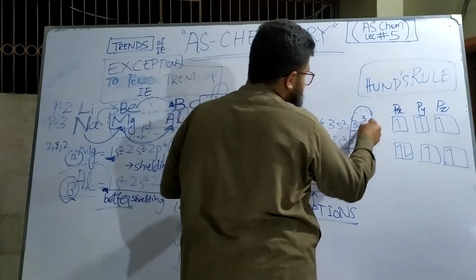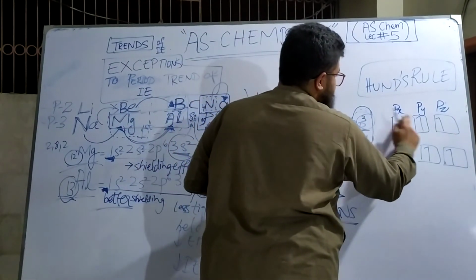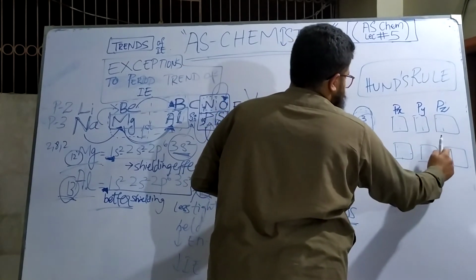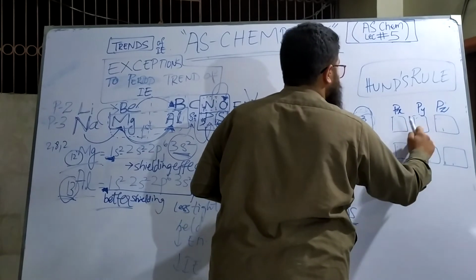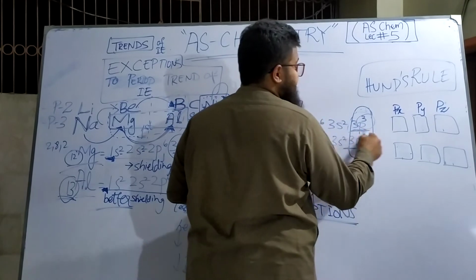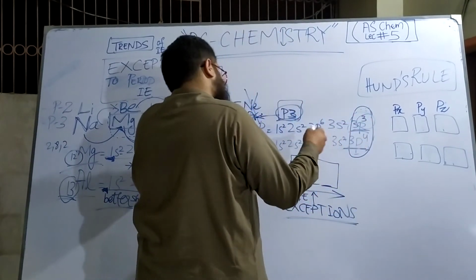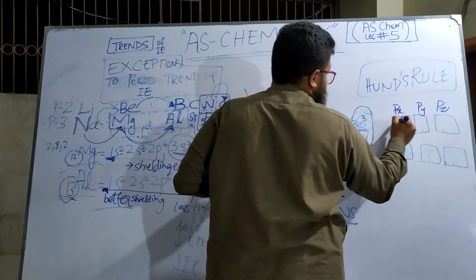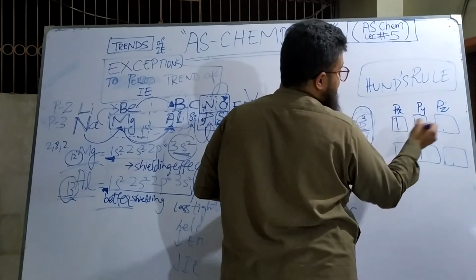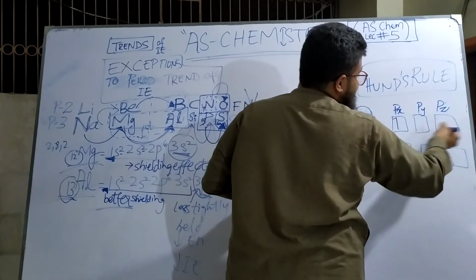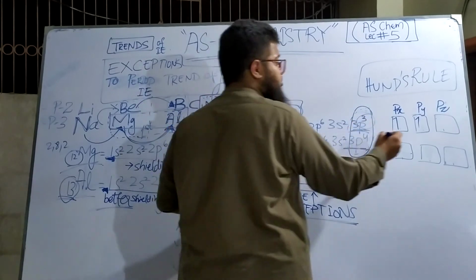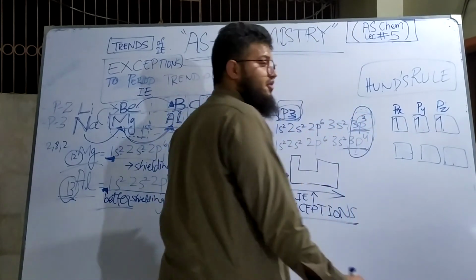So if you've got only 3 electrons, I'll just erase this out. According to Hund's rule, if these are the 3 electrons and you've got 3 orbitals in the 3p subshell, the first electron will take, let's say, the px orbital. The second will not come in the px according to Hund's rule. It will go and take a free position. And then the last electron will also take a free position.